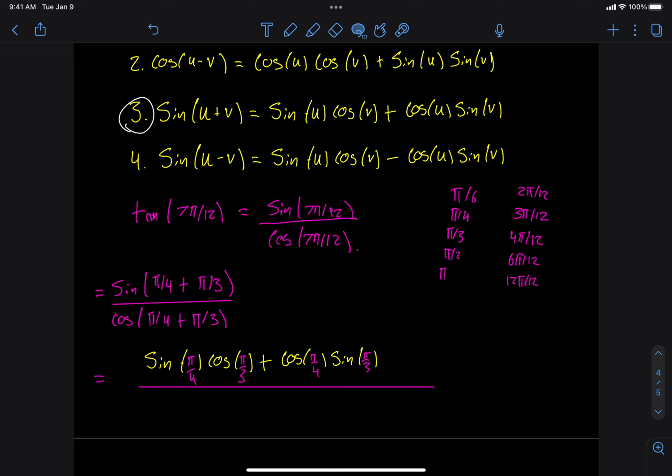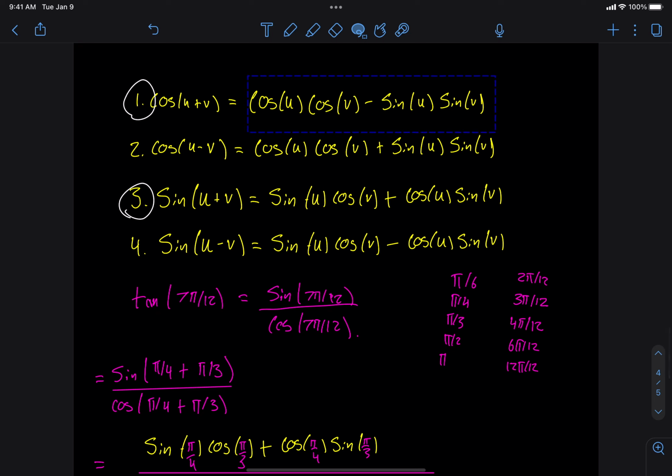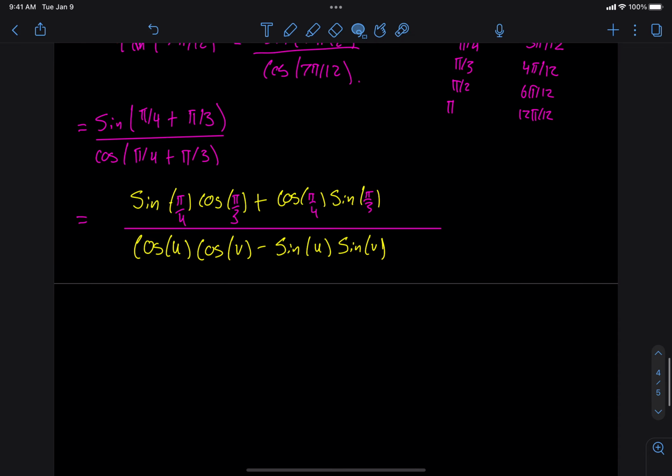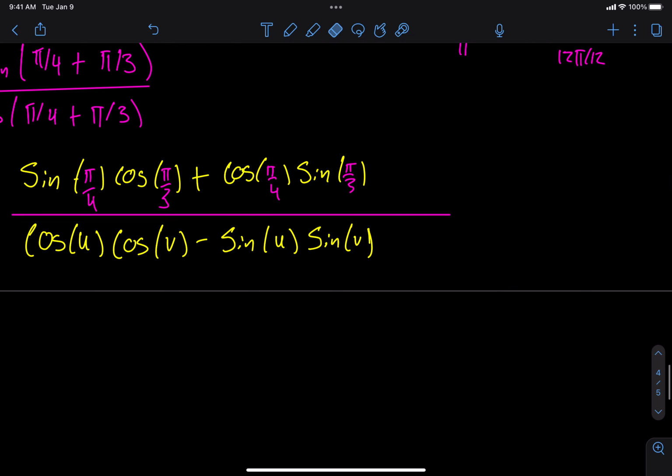And then the denominator will be what I get for the cosine formula. So the cosine formula looks like so. Paste it here. I'm going to replace u by pi over 4 and v by pi over 3. So pi over 4, pi over 3, pi over 4, pi over 3.